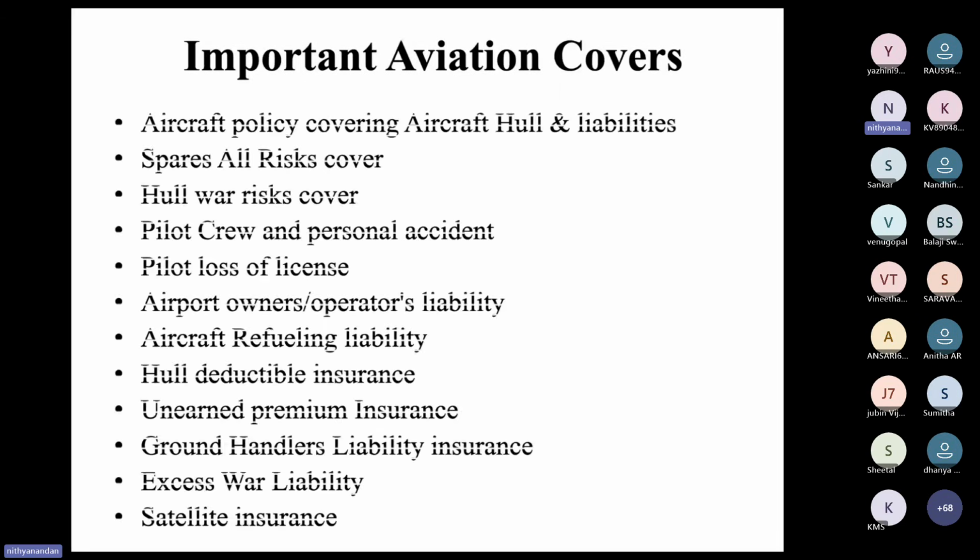Aviation covers: aircraft policy covering hull and liabilities, spares all risk cover, hull war risk cover, war risk cover, pilot, crew, and personal accident, pilot loss of license, airport owners and operators liability, aircraft refueling liability, hull deductible insurance, unearned premium insurance, ground handlers liability insurance, excess war liability, satellite insurance.